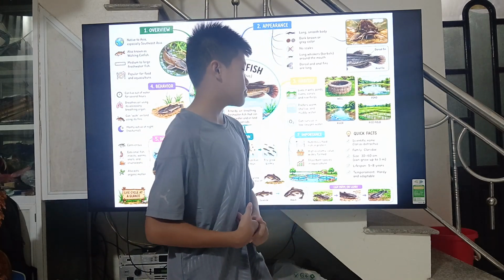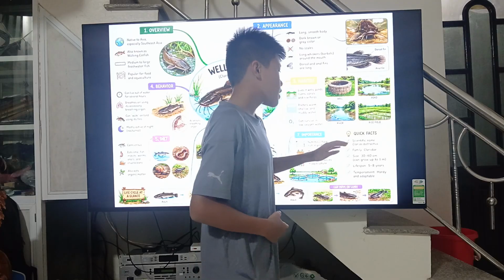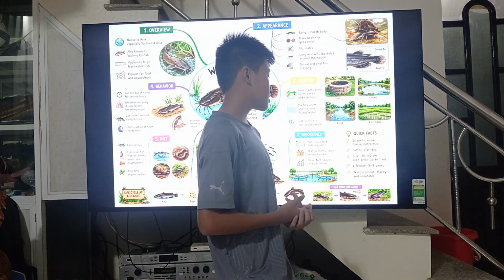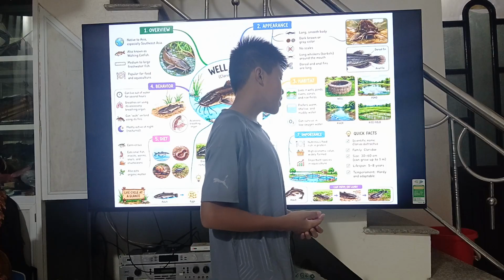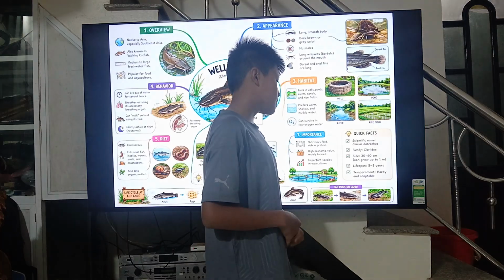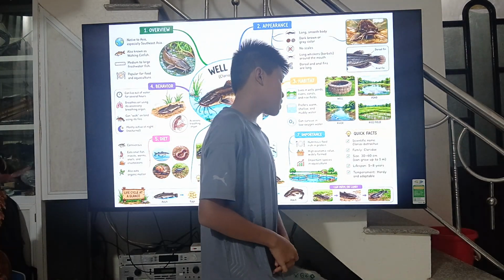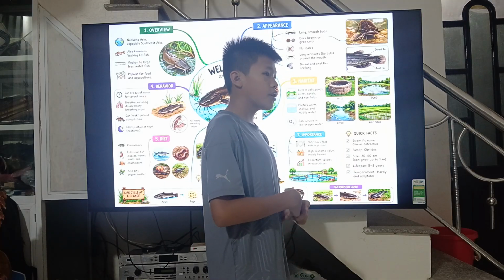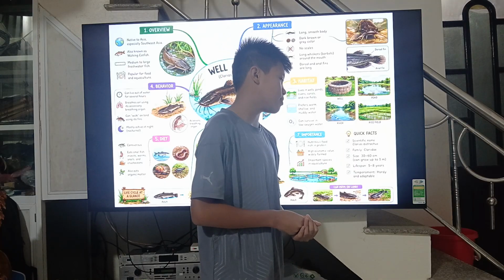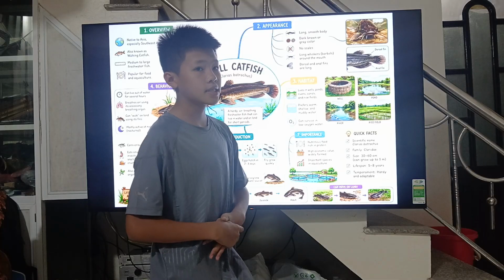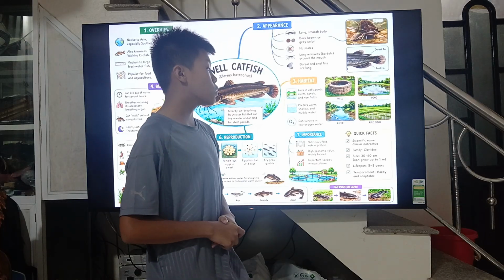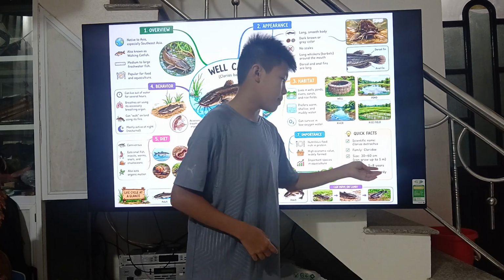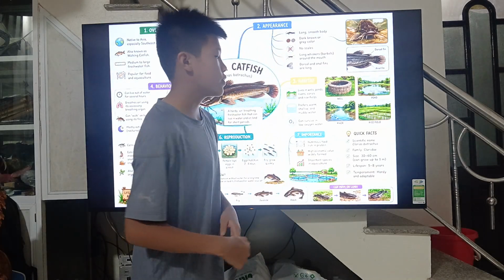The scientific name of the fish is Clarias batrachus. They come from the family Clariidae. They can grow from 13 to 16 centimeters, and some of them can grow up to 1 meter. The lifespan is about 5 to 8 years.